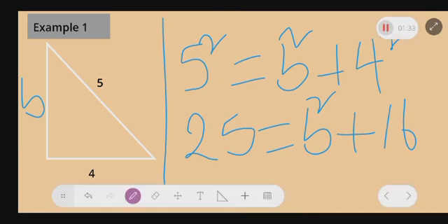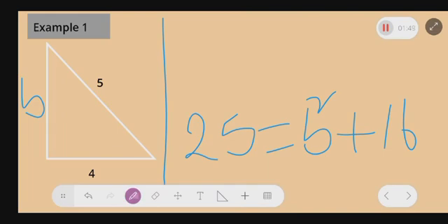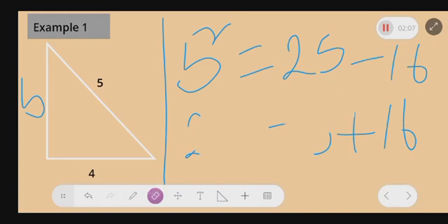Then from there we collect the like terms, so that we have B squared is equal to 25 minus 16, which gives us 25 minus 16, which is 9.